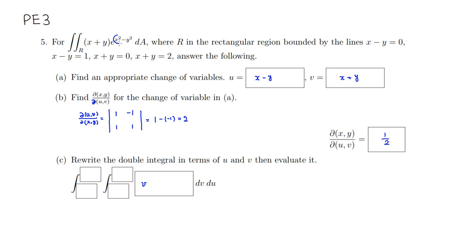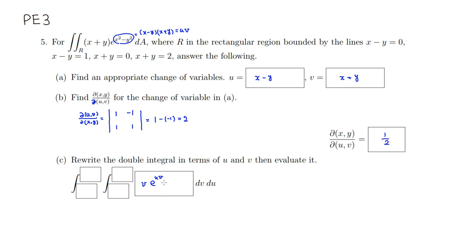So we're going to break this out, to factor it as x minus y times the quantity x plus y. But x minus y is u and x plus y is v, so we have u times v. So this is just going to be e to the uv.